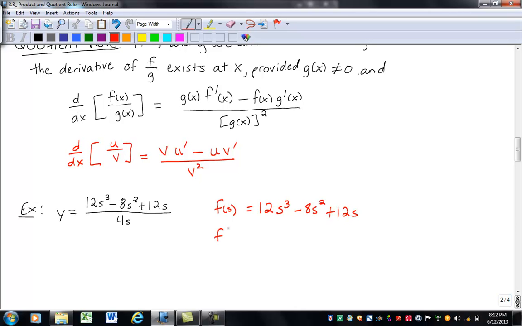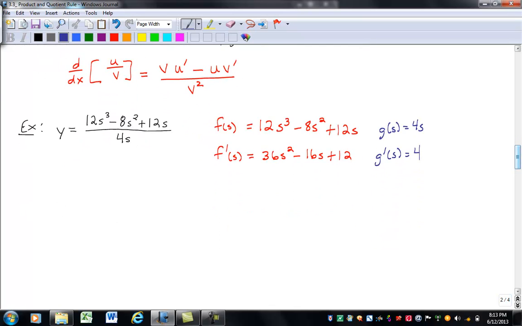And the derivative of that thing, 12 times 3 is 36s squared minus 16s plus 12. The one on the bottom I'll call g. That's 4s. The derivative of 4s is just 4.